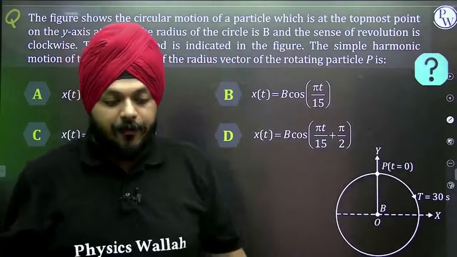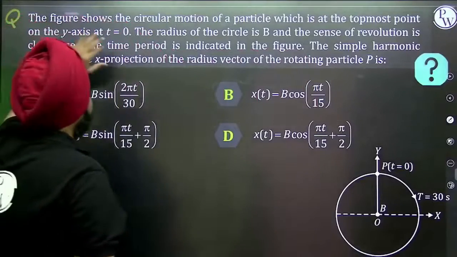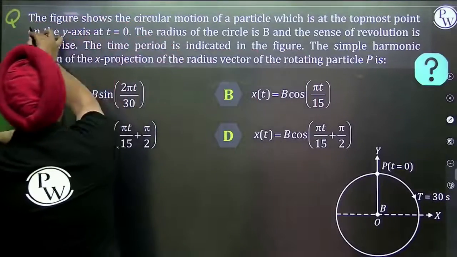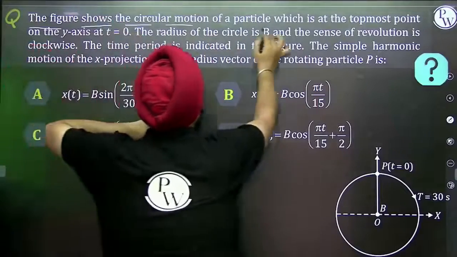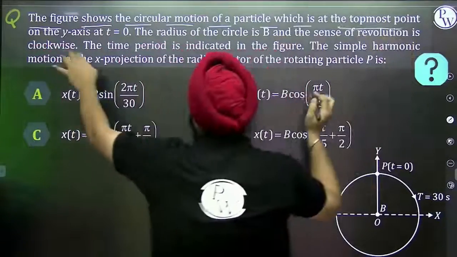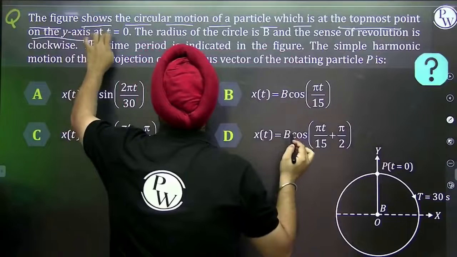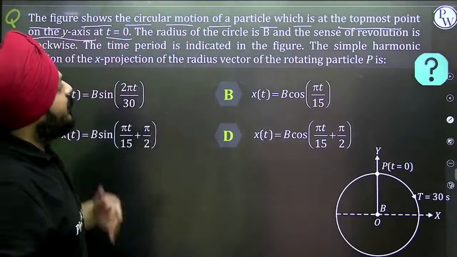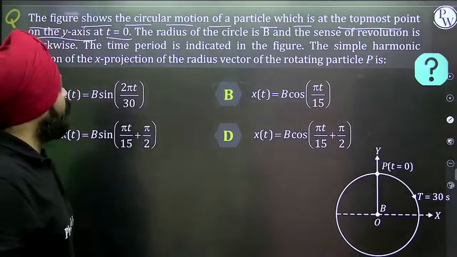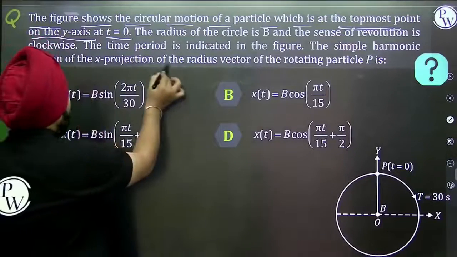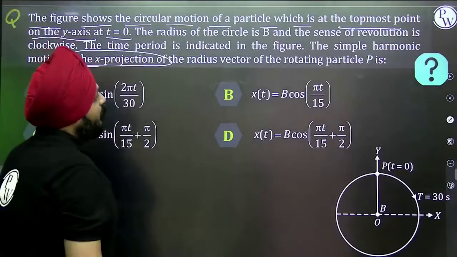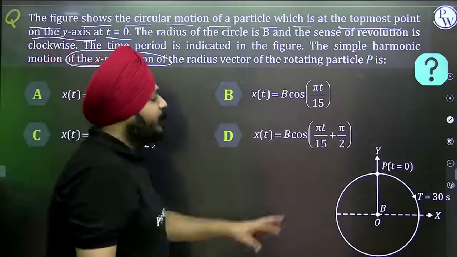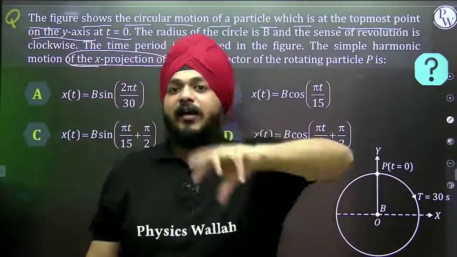Now see, first question. The figure shows the circular motion of a particle which is at the topmost point on the y-axis at t is equal to 0. The radius of the circle is also given. The simple harmonic motion of the x projection is mentioned, and we need to identify the correct equation.